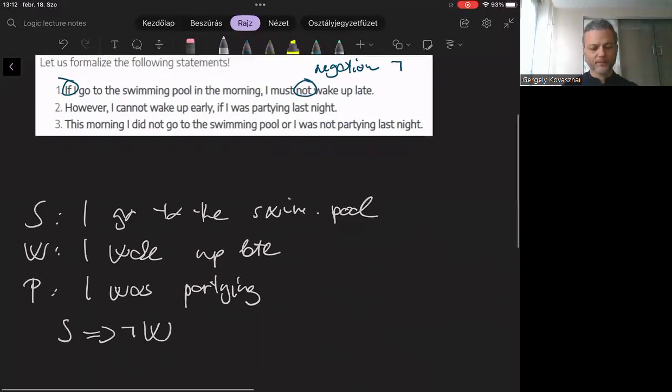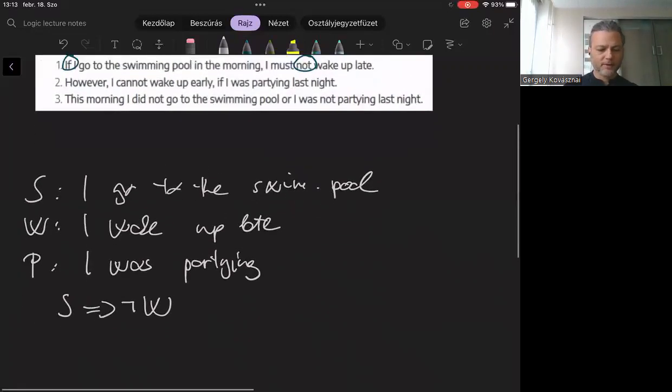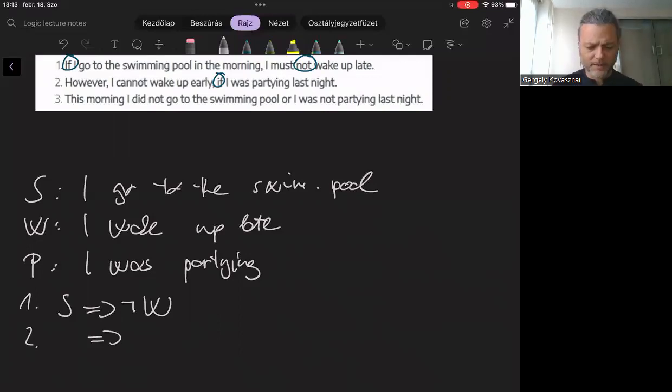Okay, this is done. So let's continue with the second sentence, which contains the if word again. So it's sure that we have to use implication for the second sentence as well. But as you can see now, the sentence is a little bit mixed up because actually the statement which implies the other statement is at the very end of the sentence. I was partying last night.